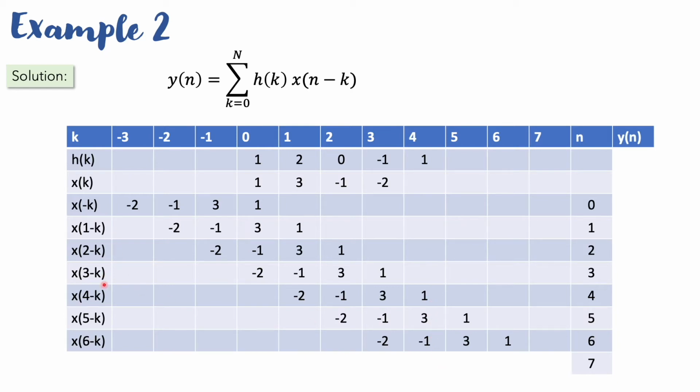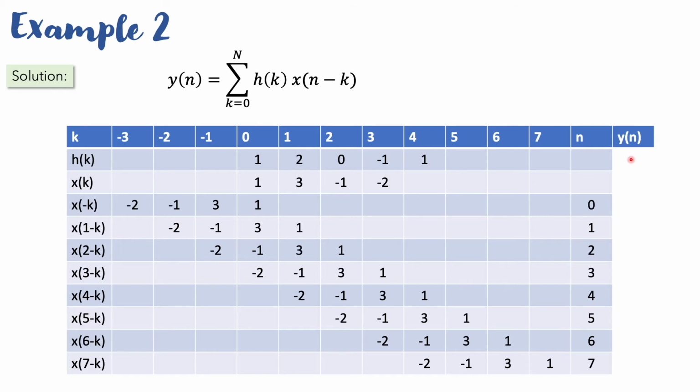So we will keep on writing it like this. So this was x0 minus k, or just x minus k, then x1 minus k, x2 minus k, x3 minus k. This factor represents the shift, the number of samples it is shifted. The last one will be shifted by 7, the 8th one is shifted by 7 here. So first we flipped it, and then we kept pushing it one sample towards the right.